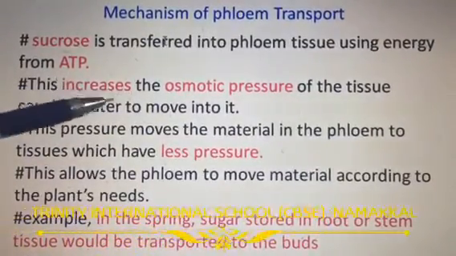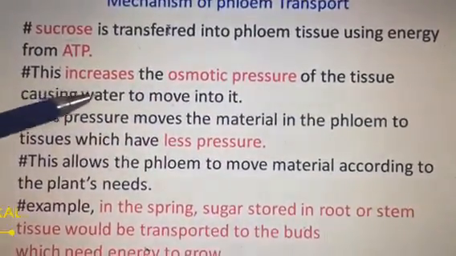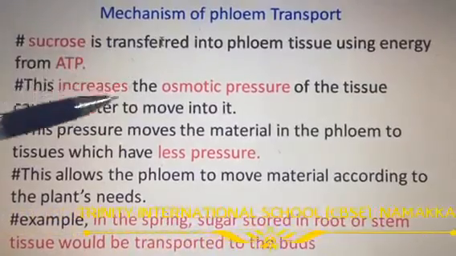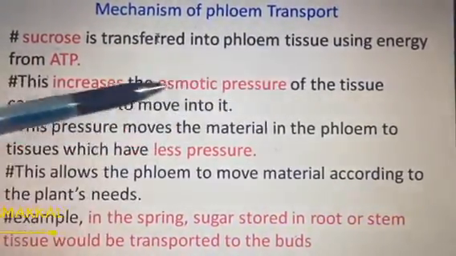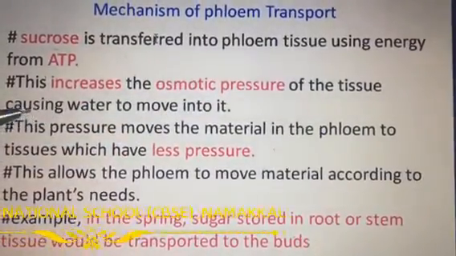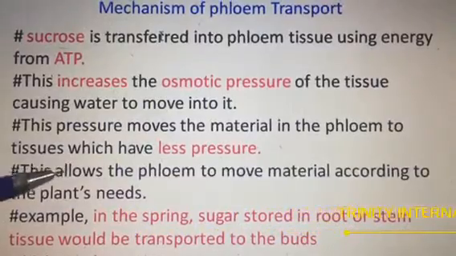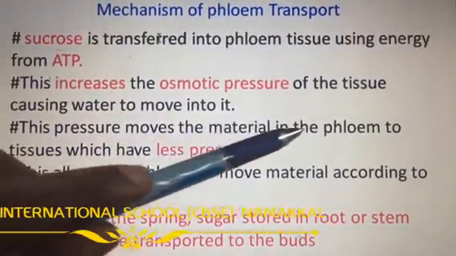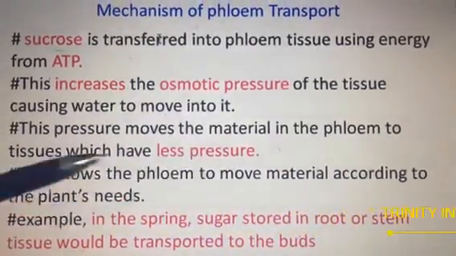This increases the osmotic pressure of the tissues, causing water to move into it. So this transportation increases osmotic pressure inside the plant body, and there is water movement. This pressure moves the material in the phloem to tissues which have less pressure.